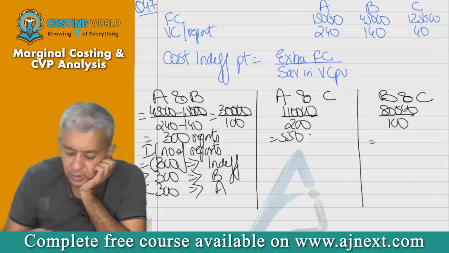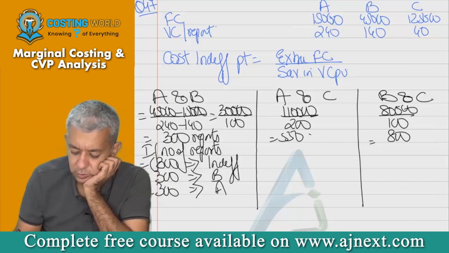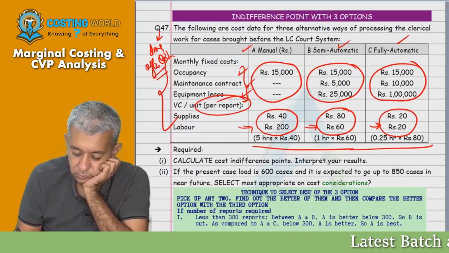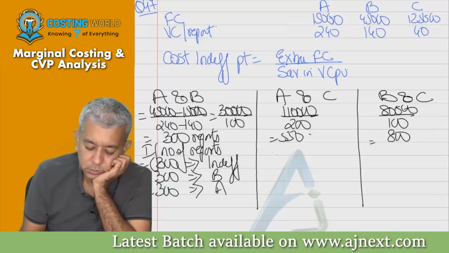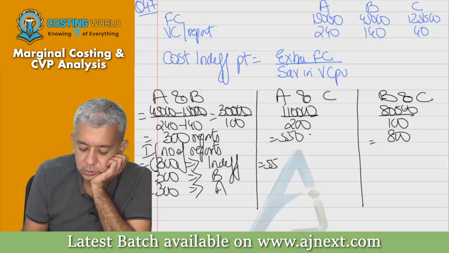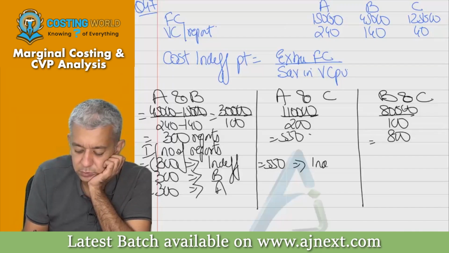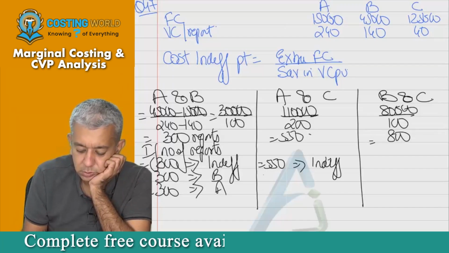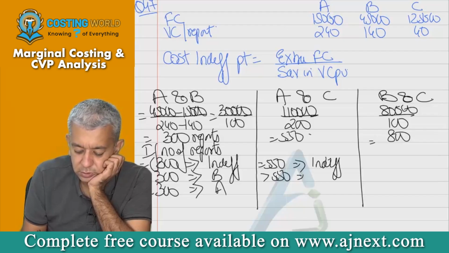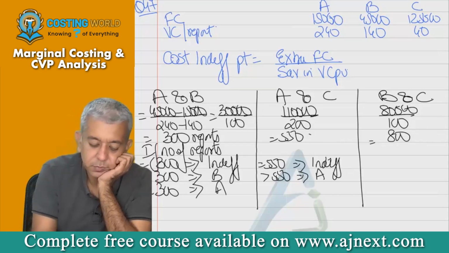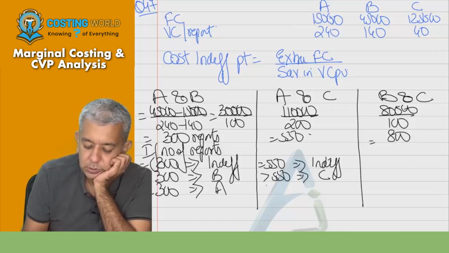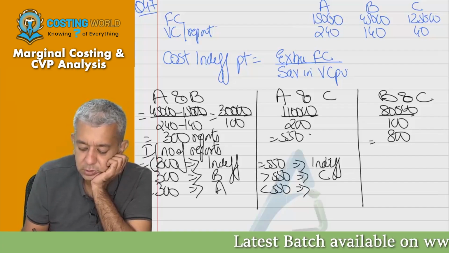Divided by 100. So therefore this will be 800. If it is equal to 550, you are indifferent. Greater than 550, C is better. Less than 550, A is better.